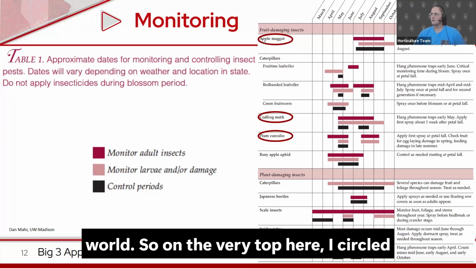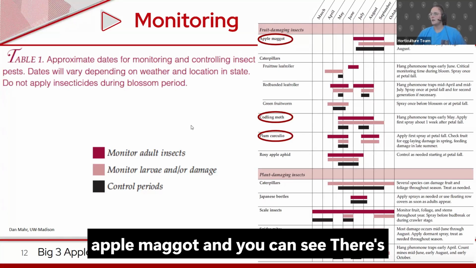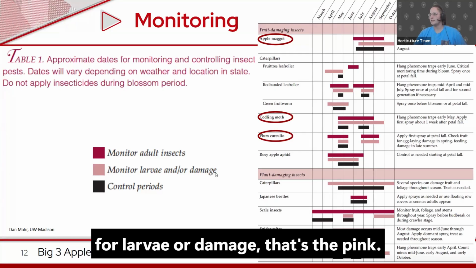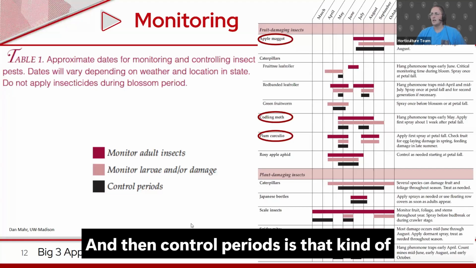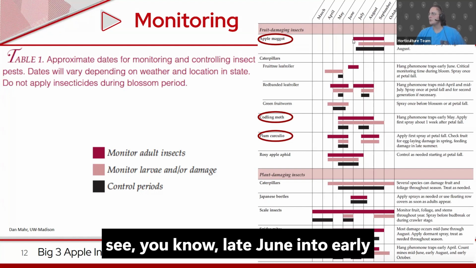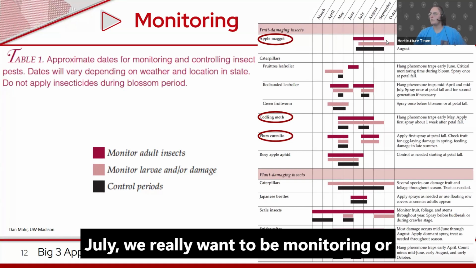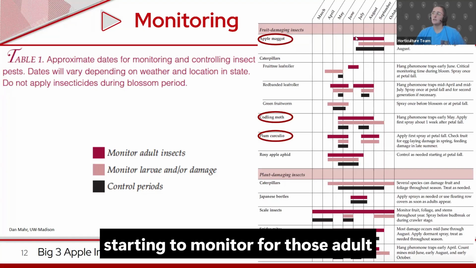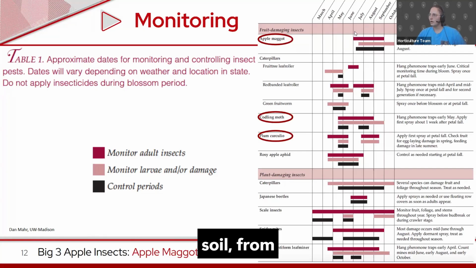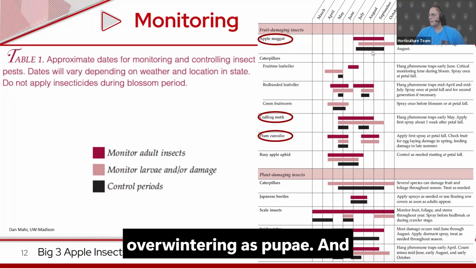So in the very top here, I circled Apple Maggot, and you can see there's monitoring for adults, monitoring for larvae or damage, that's the pink, and then control periods is the dark color on the bottom. Here we see, late June into early July, we really want to start to monitor for those adult insects as they're emerging from the soil, from overwintering as pupae.